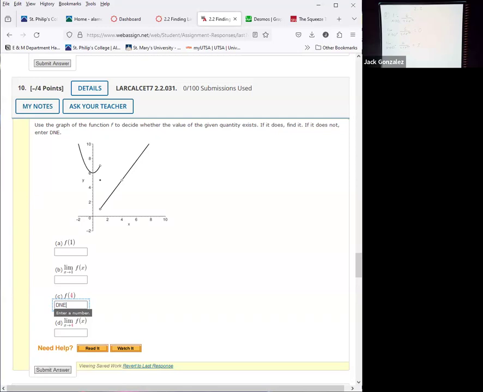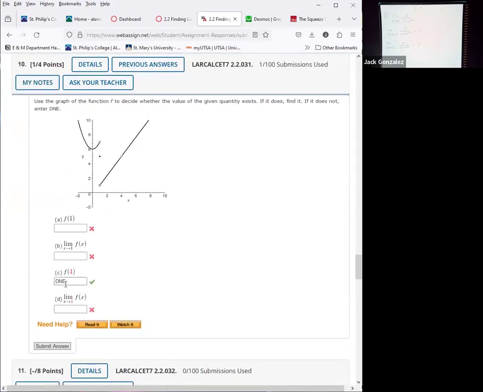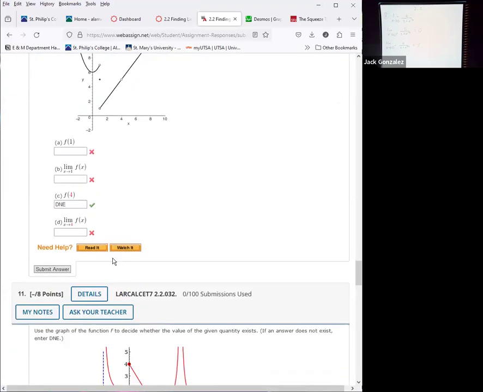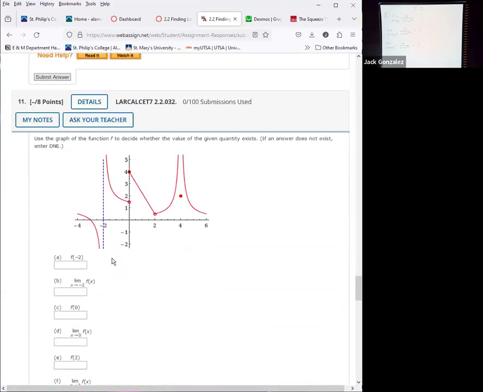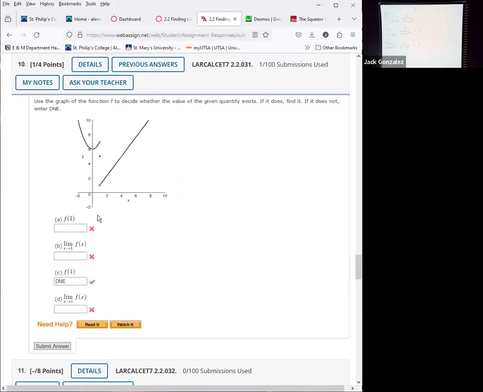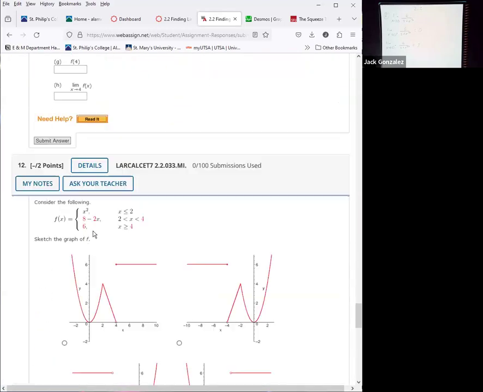Yeah, so undefined or DNE is what they want. Since we don't have an option for undefined, use this. You guys have any other questions on 10? I think I'm going to move on to a different section.